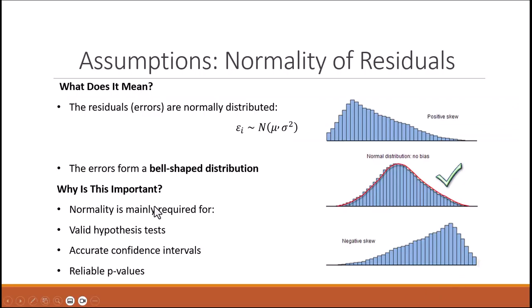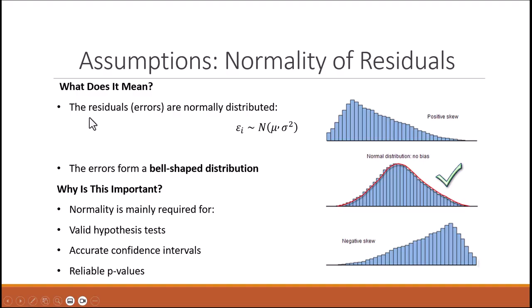Another assumption is normality of residuals. It is very important because when we want to develop a linear regression model, we use hypothesis testing. We find confidence intervals for all of the coefficients and find the p-values. So it is important that our data follow the normal distribution. And how can we understand that?